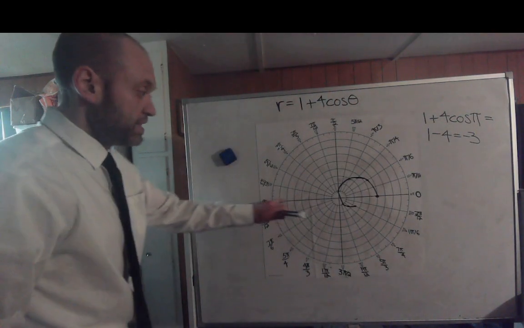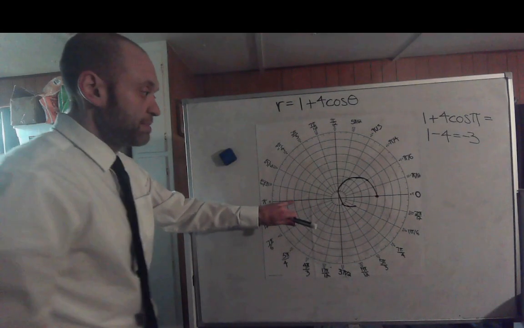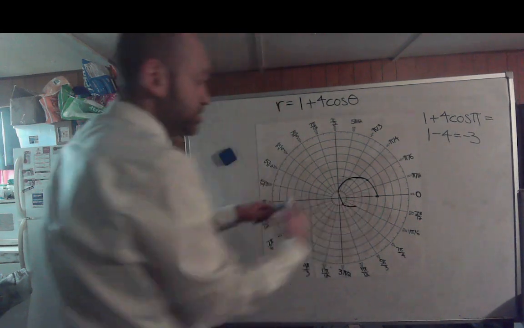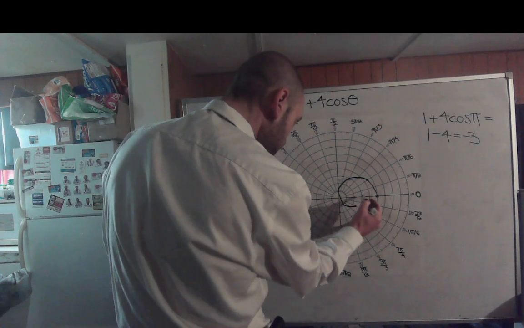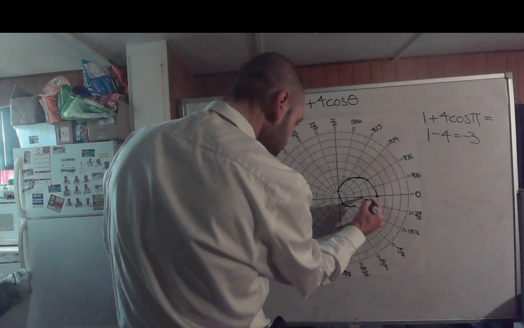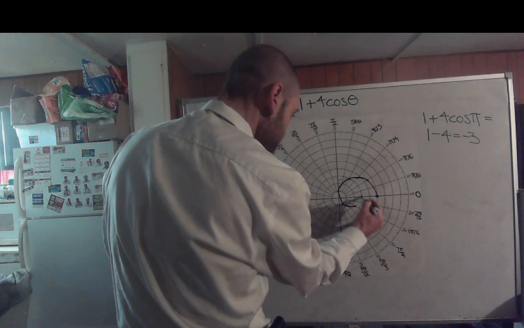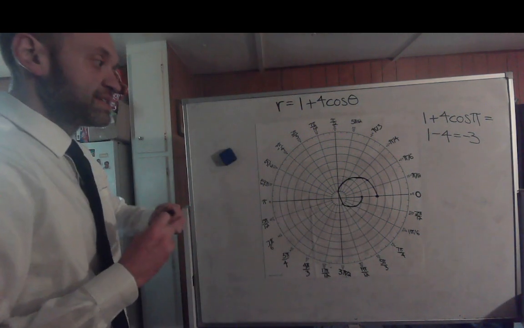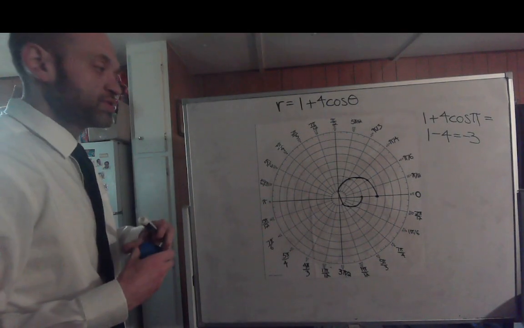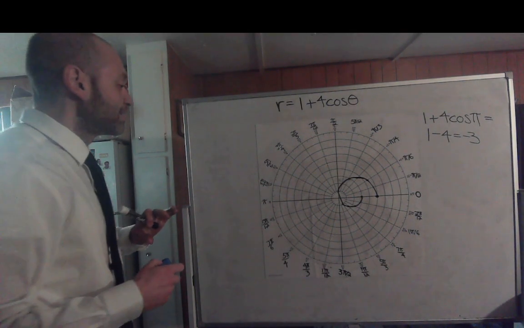But if I go negative on the pi axis, I'm actually back on 0 or 2 pi, however you choose to look at it. So that would put me right here for a radius of 3. As you're beginning to see, this is not going to be a normal circle, not whatsoever.